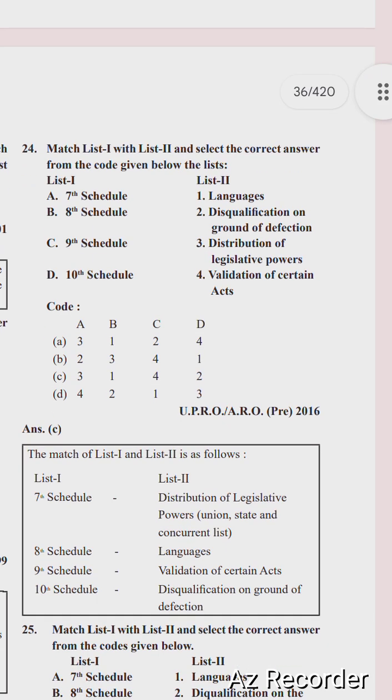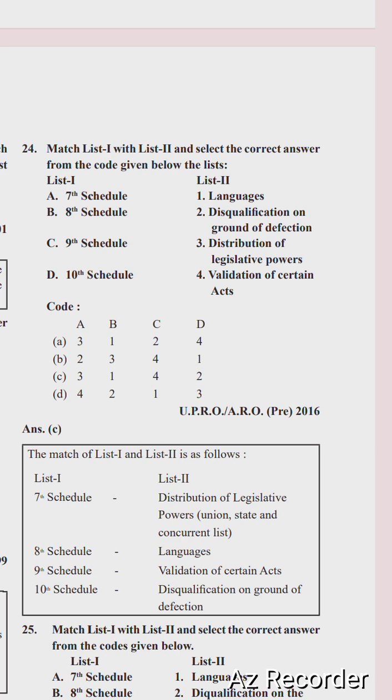So next question is, match list 1 and list 2 and select the correct answer given below. 7th schedule language, 8th schedule disqualification on the grounds of defection, 9th schedule distribution of the legislative power, and 10th schedule validation of certain acts.